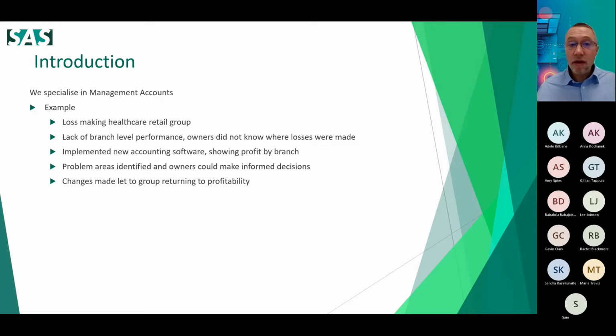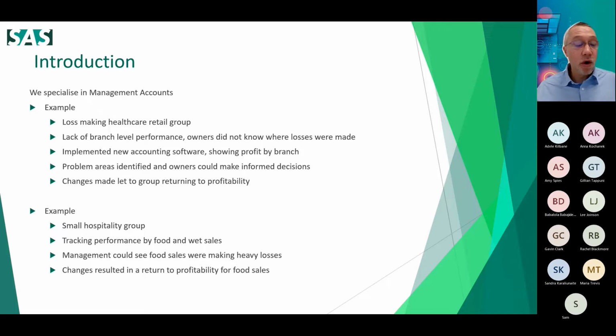And the owners could then make really informed decisions and make changes and let that group return to profitability. And that's exactly what happened. Over the course of 6 to 12 months, the group went from a loss-making position to making quite a lot of profit, and that's been going on ever since. And it's a great example also of this virtuous feedback loop that I'll be covering later on, where you get management accounts to help you make informed decisions to ultimately lead to profits within the company.